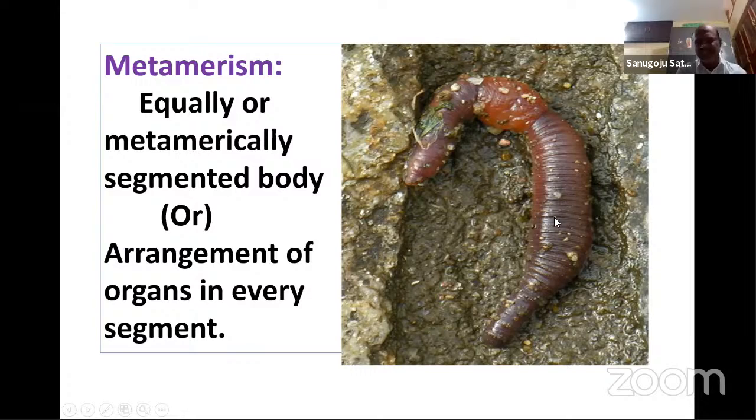That means in every equally segmented body the organ systems appear repeatedly. This phenomenon is said to be metamerism. Animals with a metamerically segmented body possess metamerism.